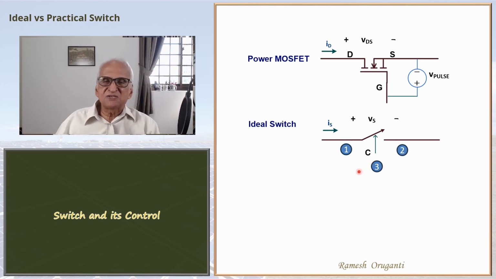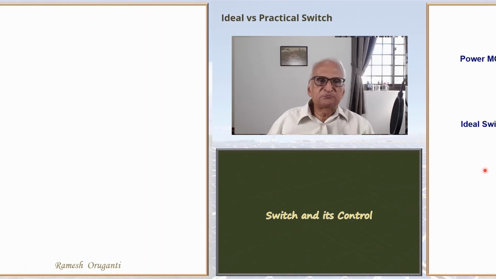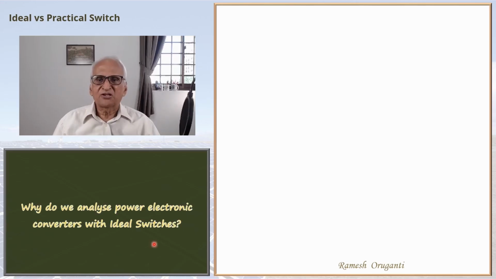In power electronics, typically we would like to use an ideal switch and analyze the circuit rather than analyzing with the actual power MOSFET or actual IGBT, which is another power device, with IGBT characteristics, and so on. Why is that? That's what we are going to see first. After that, we will see what is an ideal switch and the difference between the ideal switch and the practical switch. So why do we analyze power electronic converters with ideal switches?